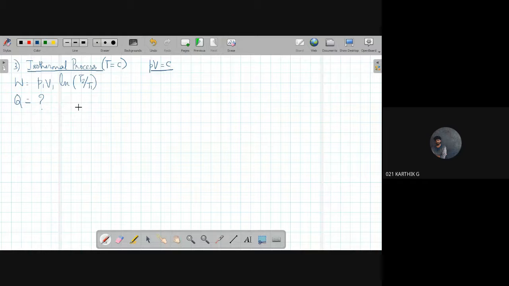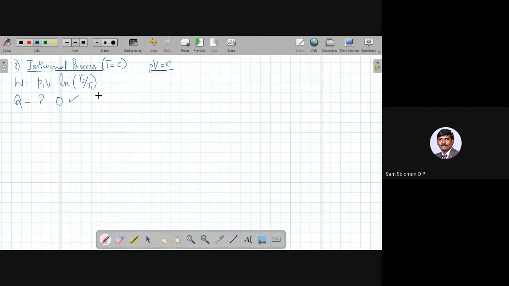Sir, T is 0 and delta T is 0, sir. But what is the value of Q? What is heat transfer for an isothermal process? Sir, 0, sir. So Q is equal to 0.